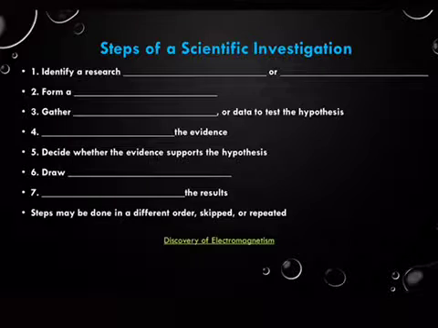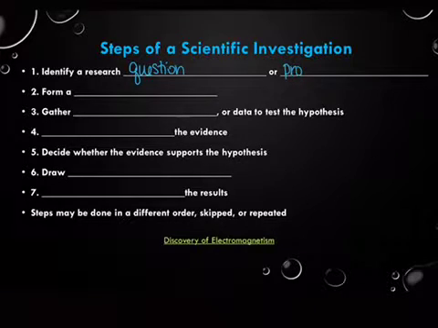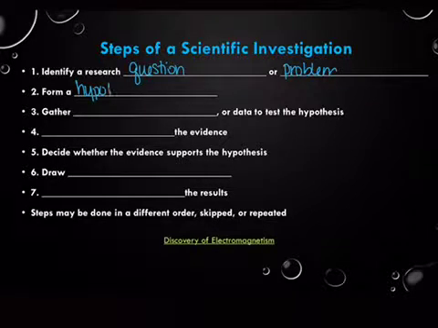So there are 7 steps to the scientific method. The first one is to identify a research question or observe some sort of problem that needs to be solved. Then you form a hypothesis, gather your evidence.